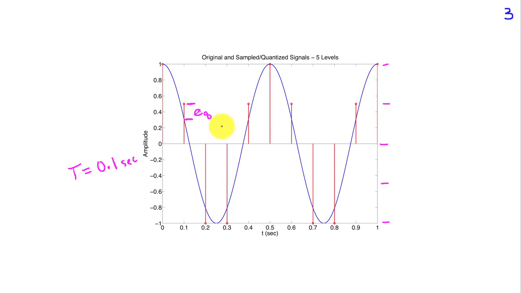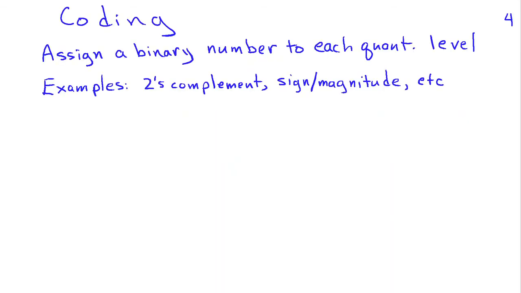Obviously, the more levels we have, the smaller those errors are going to be, and we can talk about those effects, and we'll explain why CD quality audio is recorded with 16 bits and so on. There's reasons for that.